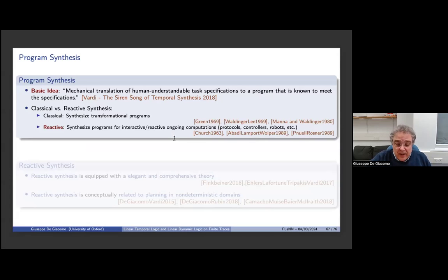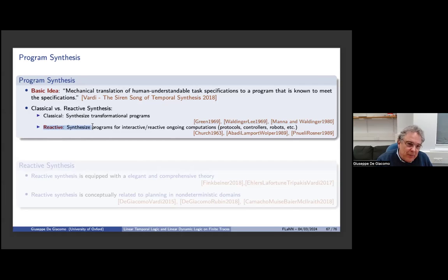The idea of synthesis is we give a specification in temporal logic, in some high-level language that is understandable by humans, for example logic, and then out of it, automatically, we get a program that is guaranteed to satisfy the specification. In particular, the kind of synthesis problem we are interested in are the so-called reactive programs.